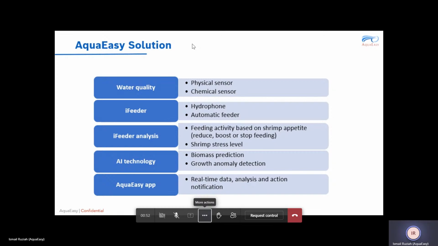So the eye feeder solution, I think most of you have this misconception that the eye feeder comes with a submerged sensor, but actually the eye feeder doesn't need to come with a submerged sensor. There are 4 different ways of using our eye feeder. The first one is actually eye feeder with no sensors.